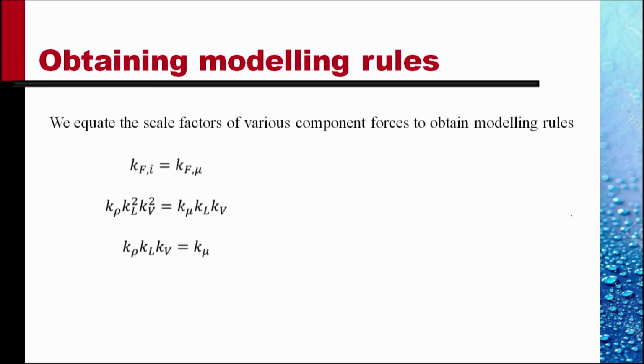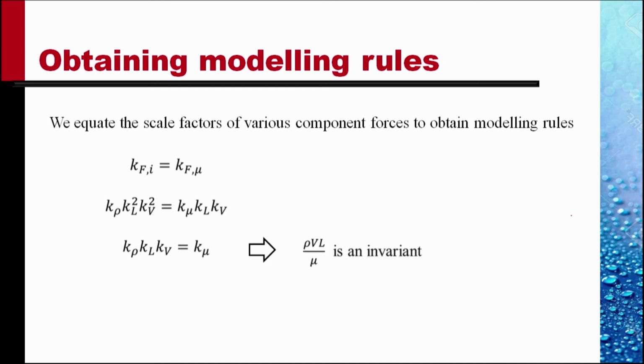For example, when we equate the total force scale factor to viscous force scale factor, Kfi is K rho, Kl square, Kv square, Kf mu as shown was K mu, Kl, Kv. Simplifying, this gives you K rho, Kl, Kv is equal to K mu, or K rho, Kl, Kv divided by K mu is equal to 1.